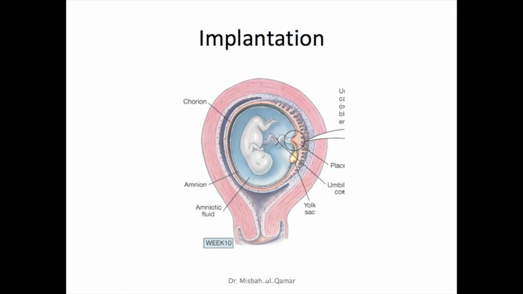Now, the developing zygote implants in the secretory endometrium, when the dividing zygote moves from the distal fallopian tube to the uterine cavity over a period of 3 to 4 days. Implantation of the blastocyst into the endometrium happens at around 7 days after the fertilization with about 100 cells.